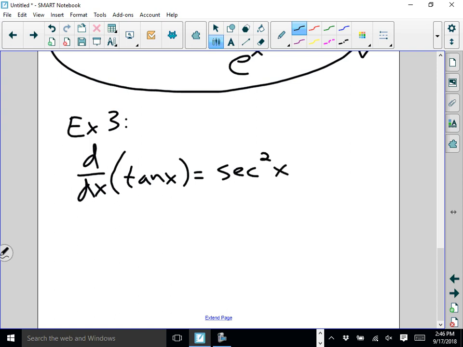But let's prove this using the quotient rule. Let's say f of x equals tan x. What is a way that I could write tangent of x as a quotient? Well, we know tangent of x is simply sine of x over cosine of x.